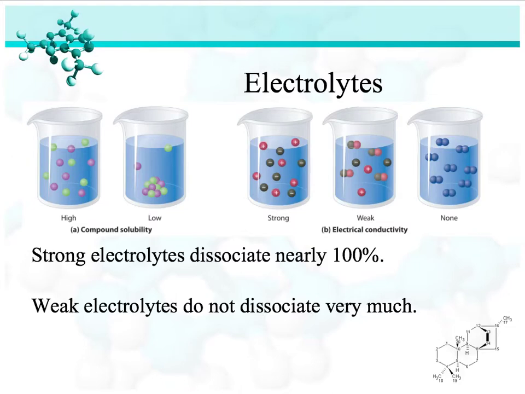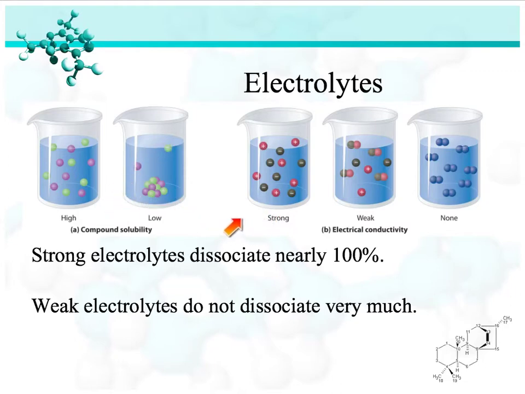All right, this slide is showing on the left side a compound with a high solubility. Notice that we have green and purple little circles all completely dissociated. Next to that, low compound solubility, there's a big clump of them at the bottom and just one green, one purple little dot. So it indicates that not much of it dissociated and therefore not much of it dissolved.